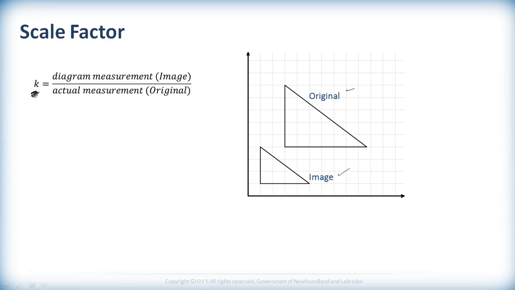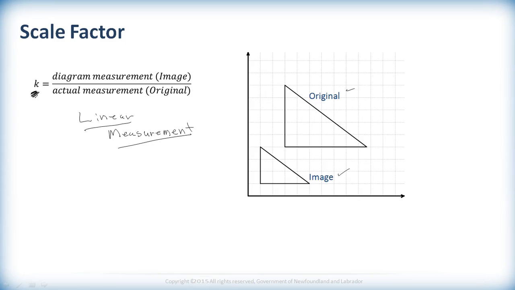So a measurement on the image divided by a measurement on the original, but it has to be a linear measurement, okay? And that's very important.